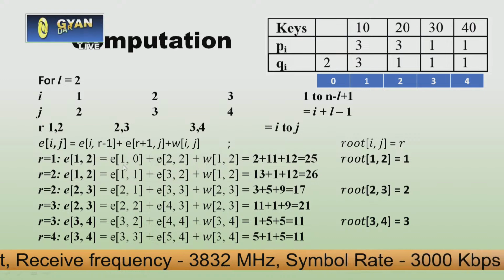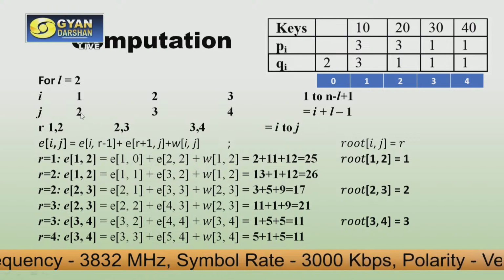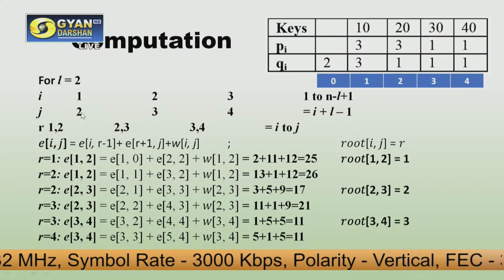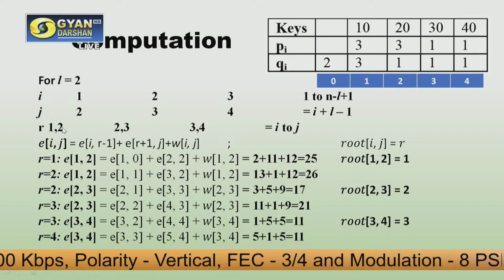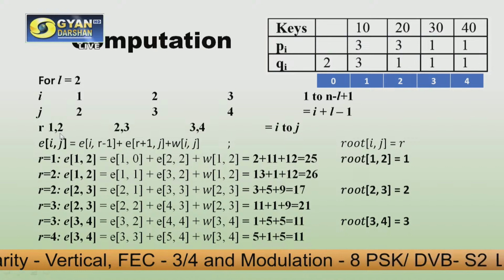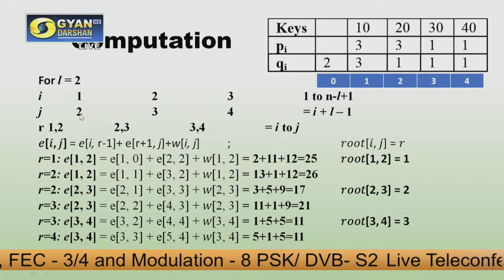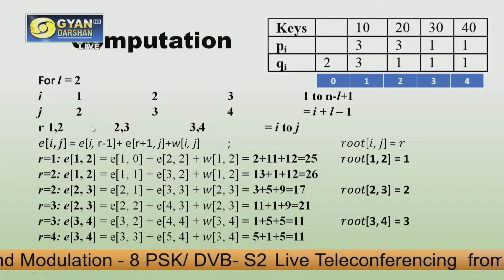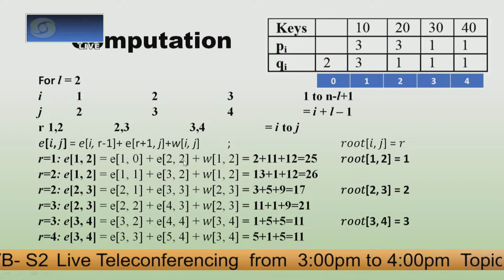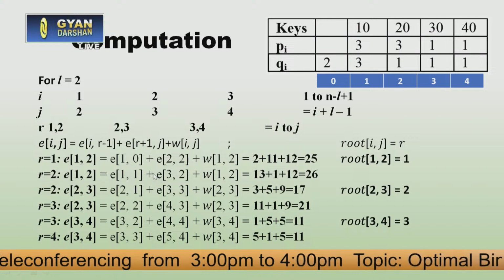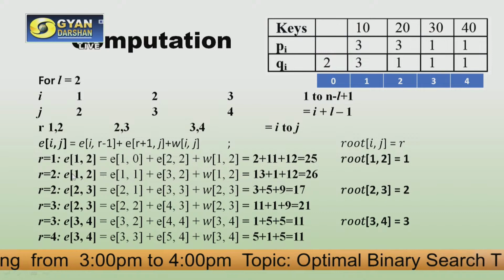Or the second is that you choose the root as 2. Then onto the left of it you have K1 and a dummy as the left subtree, and onto the right is just a dummy. And the cost computation is accordingly adjusted as far as these matrices are concerned.